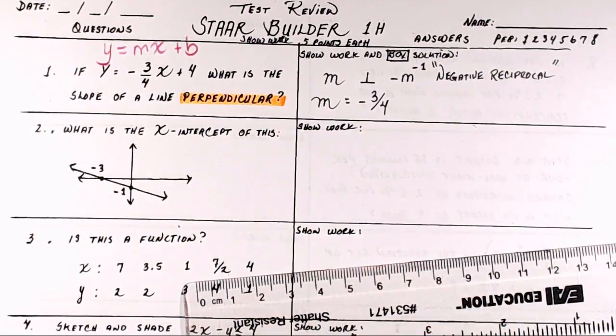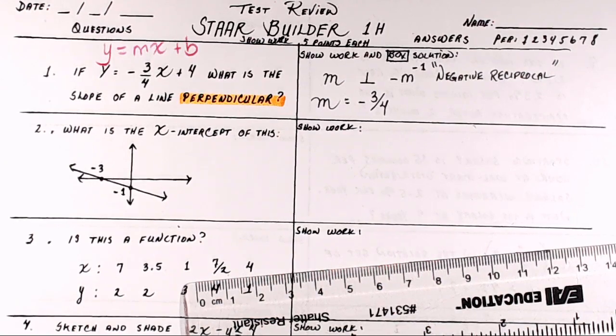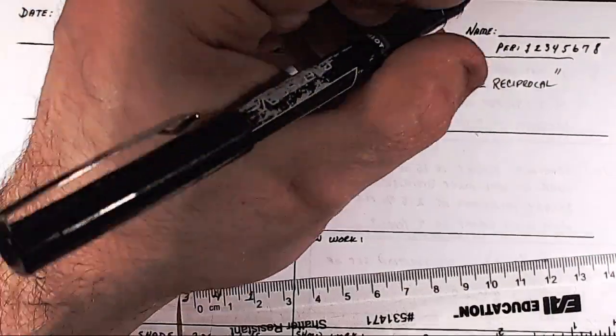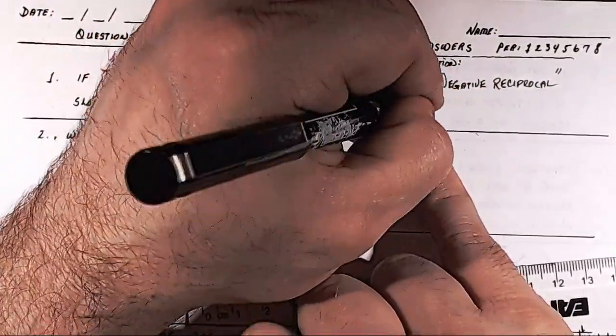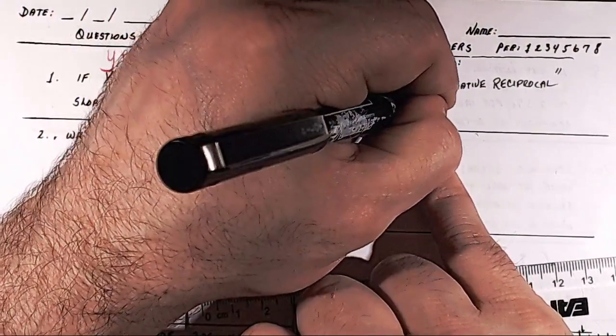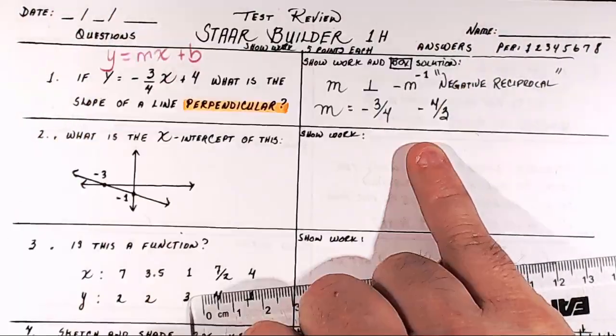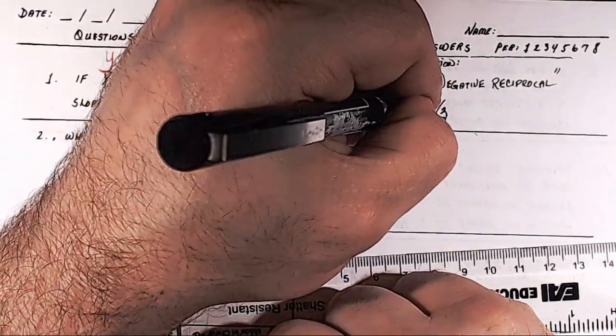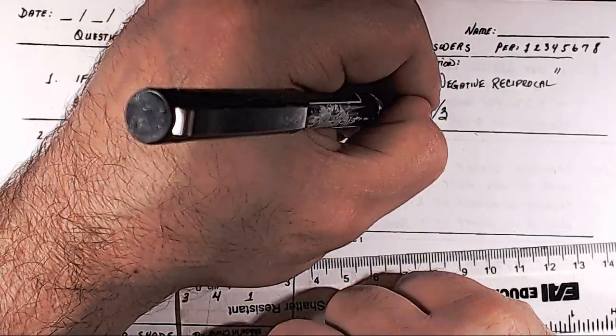If m is negative 3/4, what is the negative reciprocal of m? Well, the negative reciprocal of negative 3/4, let's flip it first. First we're going to flip it, and we get negative 4/3. Okay, so now we got to change the sign. Change that negative to a positive.